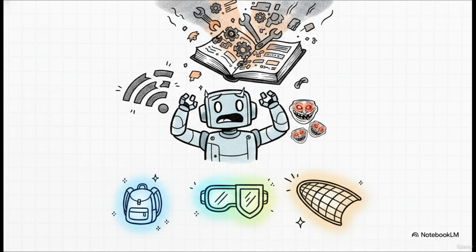On top of that, it gets bogged down by overloaded tool catalogs that consume all of its memory. And honestly, worst of all, the web is absolutely filled with malicious trickster data that is actively trying to deceive it. So to survive this barrage, our agent is going to need 3 major upgrades. It needs a lighter backpack, it needs blinders against deception, and it needs a massive safety net.